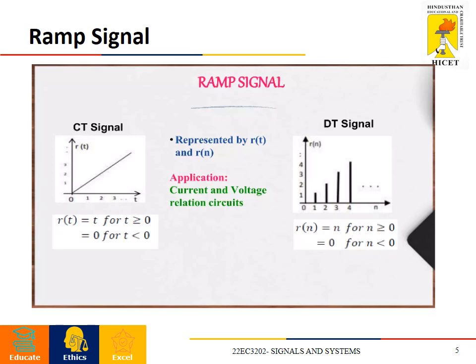According to the t value, the signal will be present. The application is current and voltage relation circuits. The representation in continuous time signal will be r of t, and for discrete time signal, it is represented as r of n.